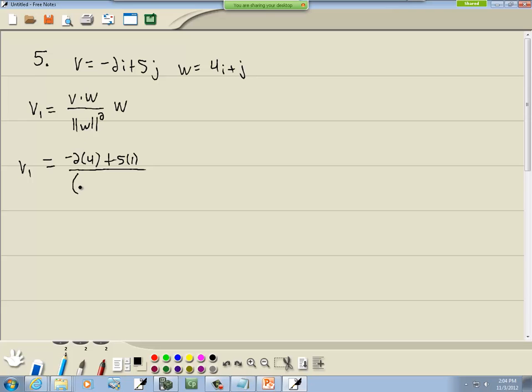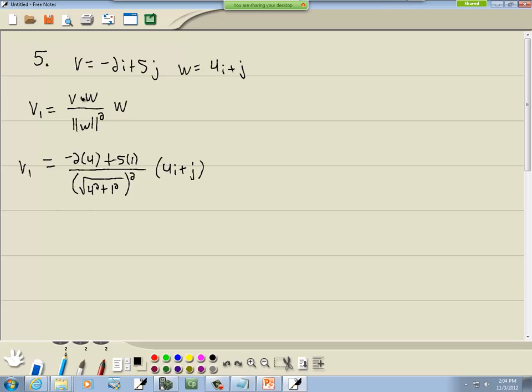So this will be the square root of 4 squared plus 1 squared, and all that squared. Now again, the magnitude of W, you take your number before your i, which is 4, you square it. Take the number before your j, which is 1, and you square it. And then you have a square root over it. And then times our 4i plus j, our vector W.